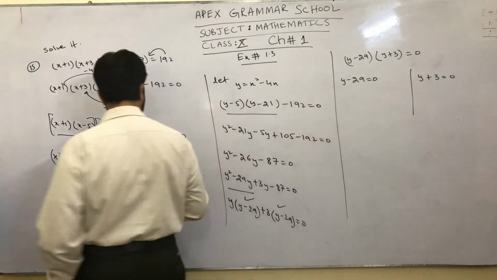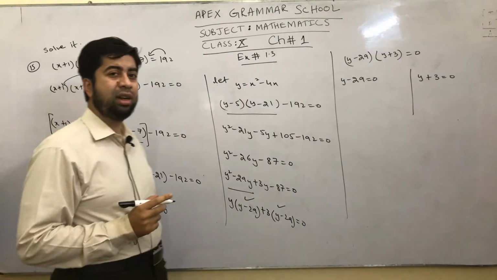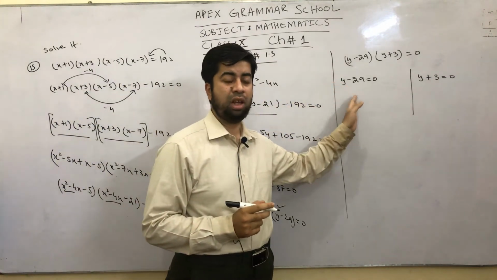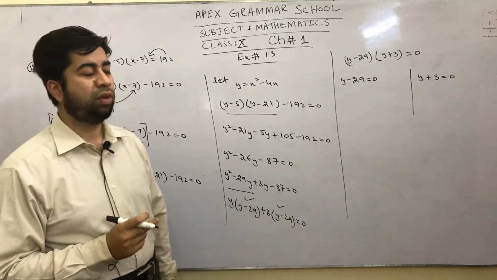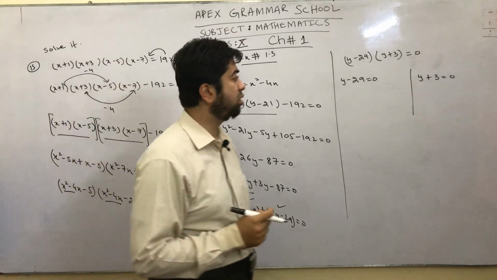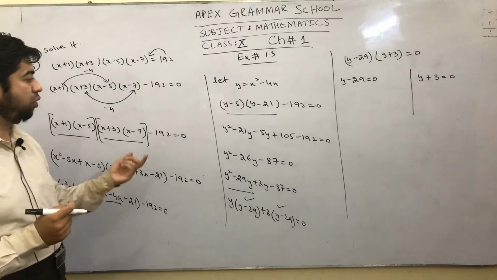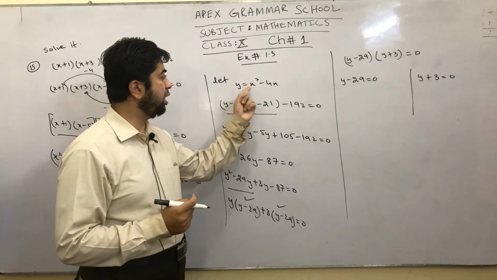Now you will be one step away to find the value of y. But we are not going to find the value of y, we are to just find the value of x. So what is basically the y? Y is basically x square minus 4x.